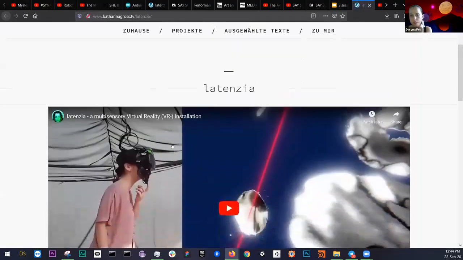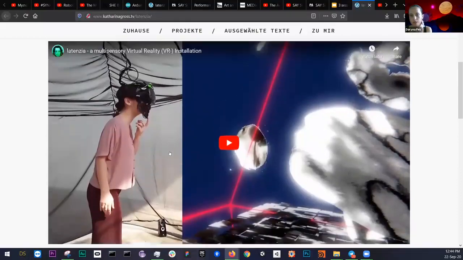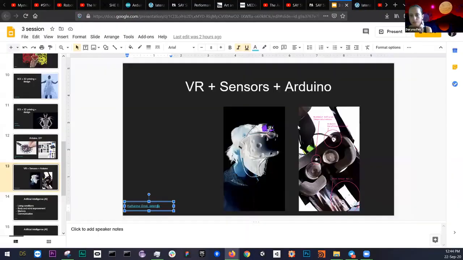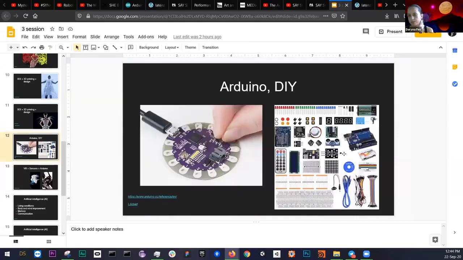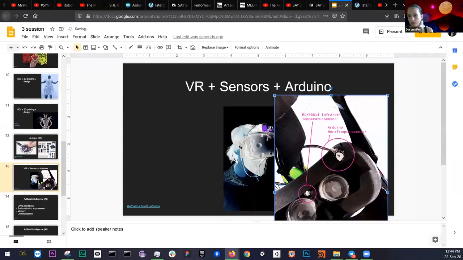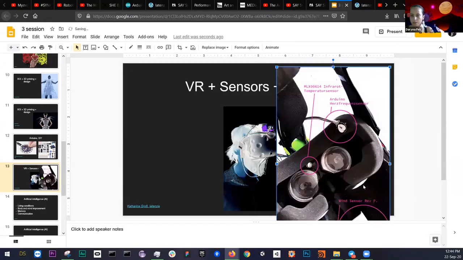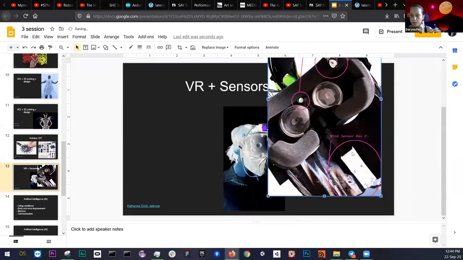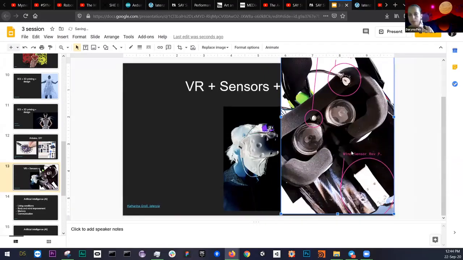It was made in Unity, and you can see that this is an HTC Vive, like a normal VR helmet, but they added an Arduino sensor for heartbeat, which also measures the temperature, and a wind sensor to measure how you breathe.